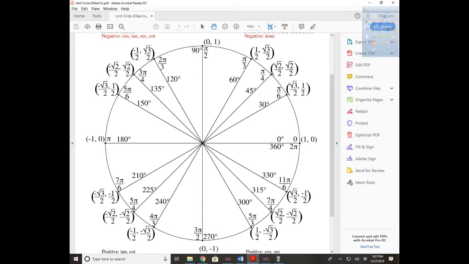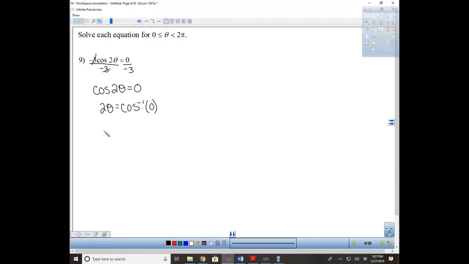So if I think about this, if I go from this spot, it's pi over 2 plus 2 pi plus 2 pi, which would keep landing me in this spot. And if I do this one, it would be 3 pi over 2 plus 2 pi plus 2 pi plus 2 pi. So I can denote that by saying plus 2n pi.